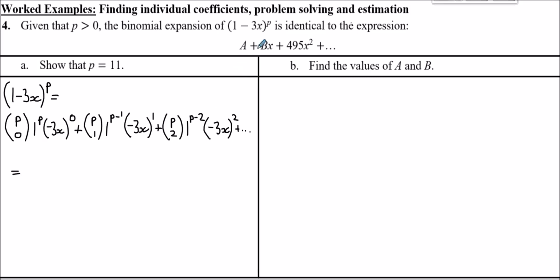So first of all, a is just going to be the constant term, b is going to be inside this term somewhere, and the term in x squared, which is the only coefficient we're told, actually, is hidden within this one here. So I may as well just colour code this. And so a is going to come from within here.